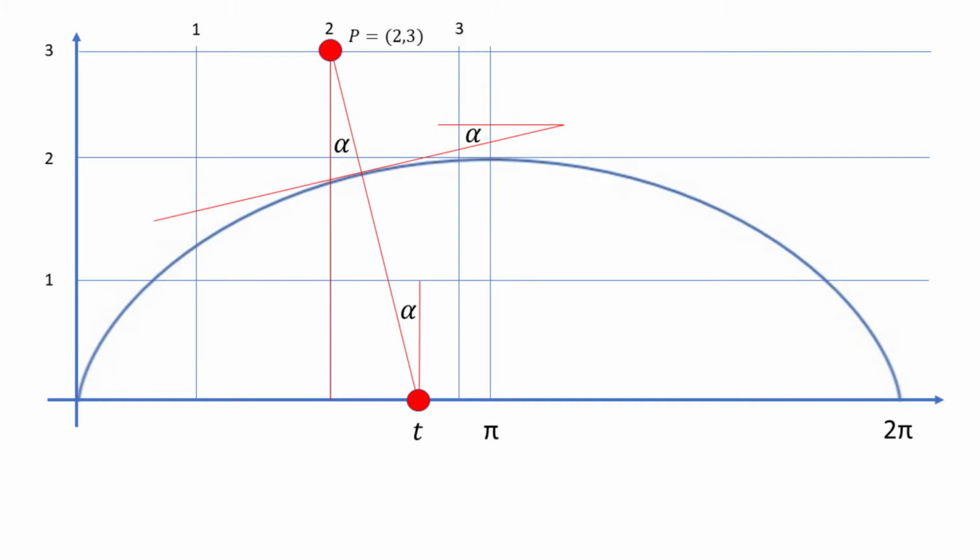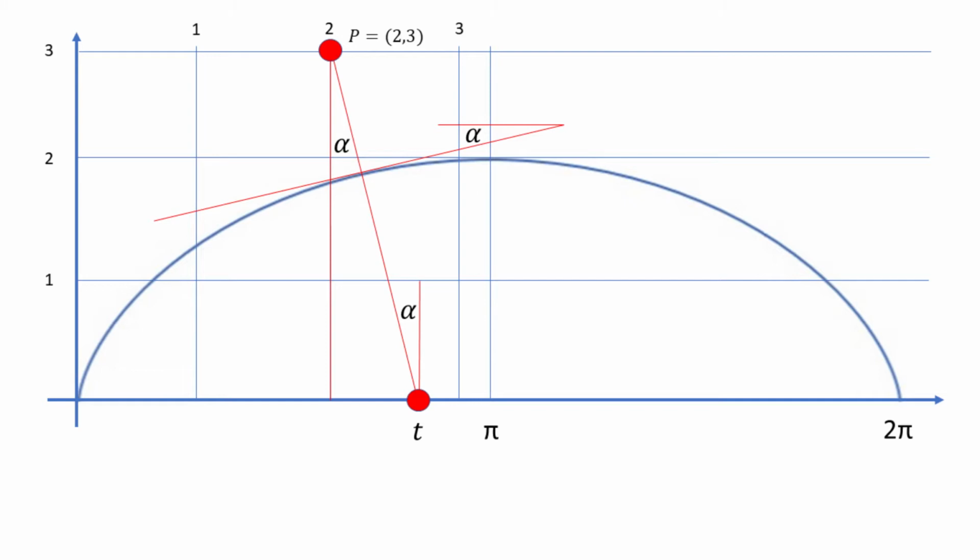I have also shown that the tangent that I'm looking for is crossing the cycloid, but it's making an angle alpha with the horizontal. From geometry, we also know that if I took the radius from point T up, I also have the exact same angle because PT is perpendicular, in quotations for now.